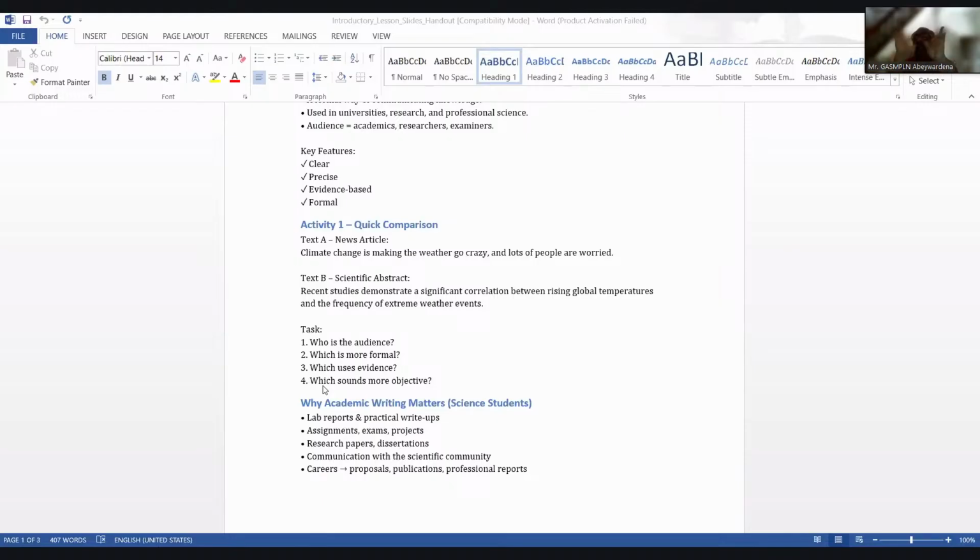There is no one fixed idea. Objective means for everybody, the same idea should be there. Science and academic writing should be objective. I read, you read, or any other people read, they should get the same idea. That is called objective.